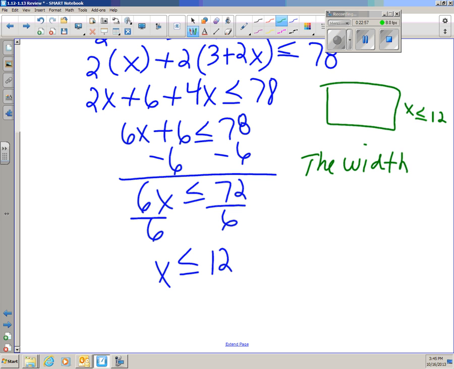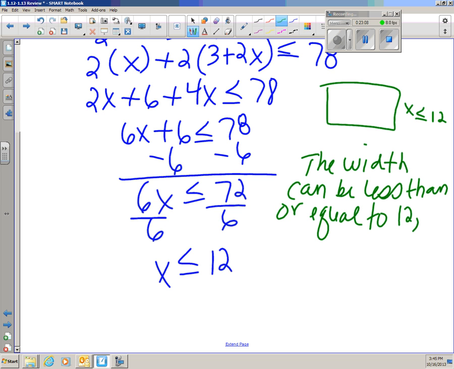The width can be less than or equal to 12, but more than 0.